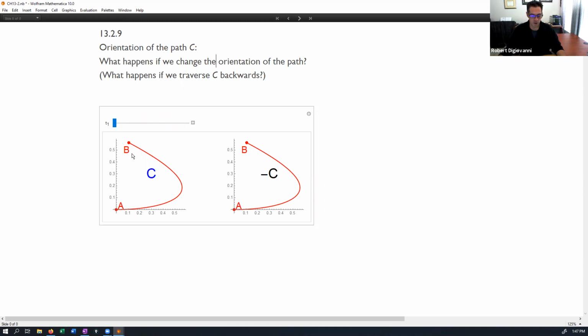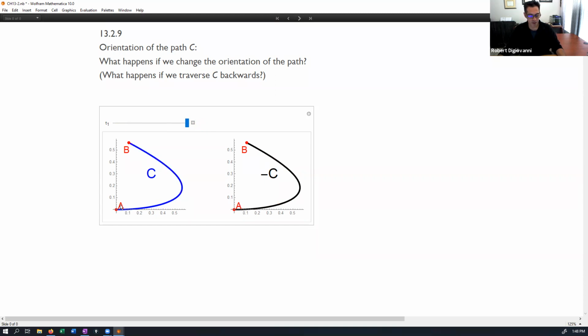So look, do y'all agree that this curve C and this curve over here are the same curve? But when we create a parametric equation, we're going to start at one point and end at the other, and we're going to move in a direction. So one way is to go from A to B, or we could go from B to A. Those are both the same curve, but we're traversing them in opposite directions.